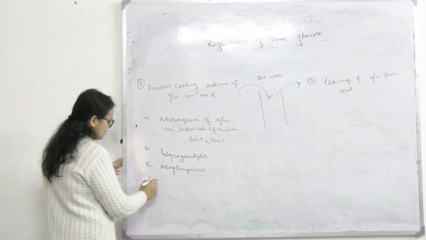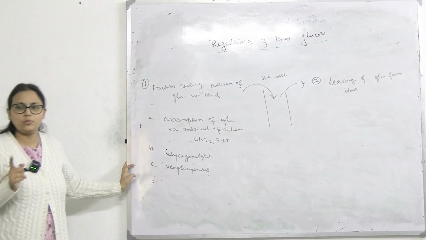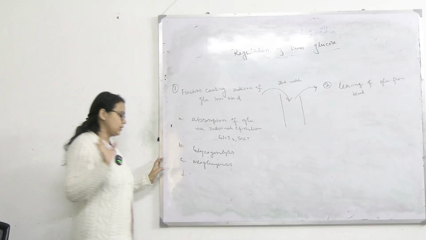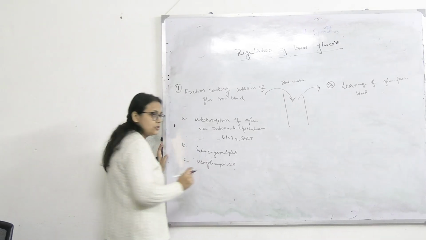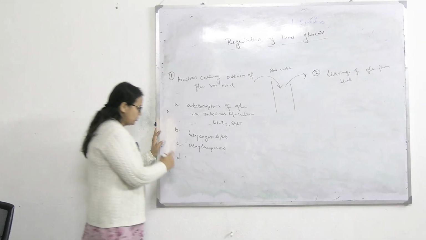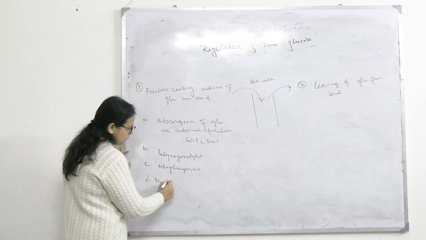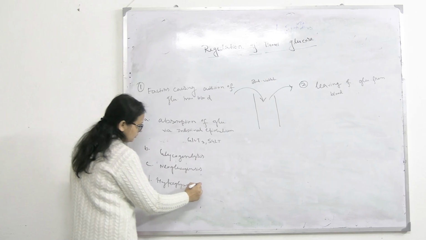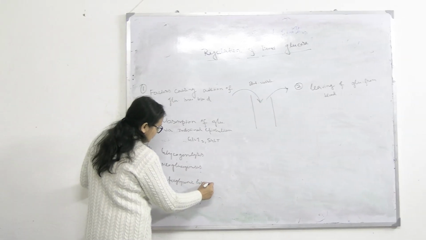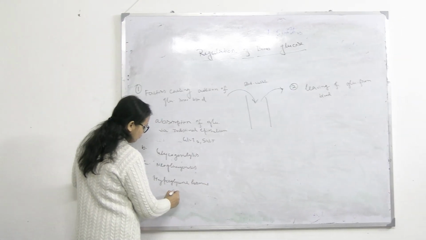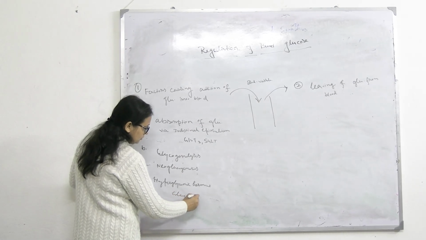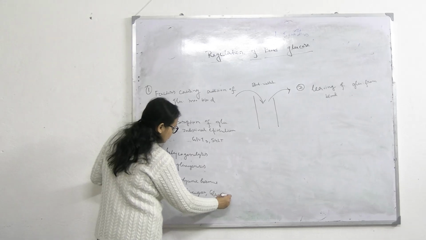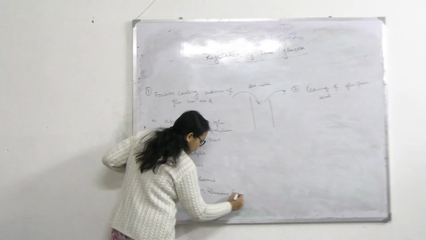And fourth, there are some hyperglycemic hormones like glucagon, glucocorticoids, and catecholamines. They will also raise the blood glucose level.